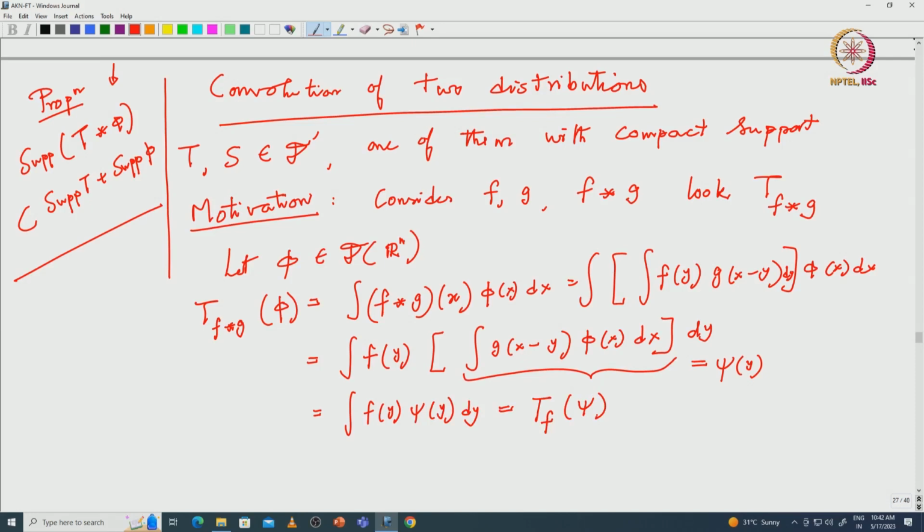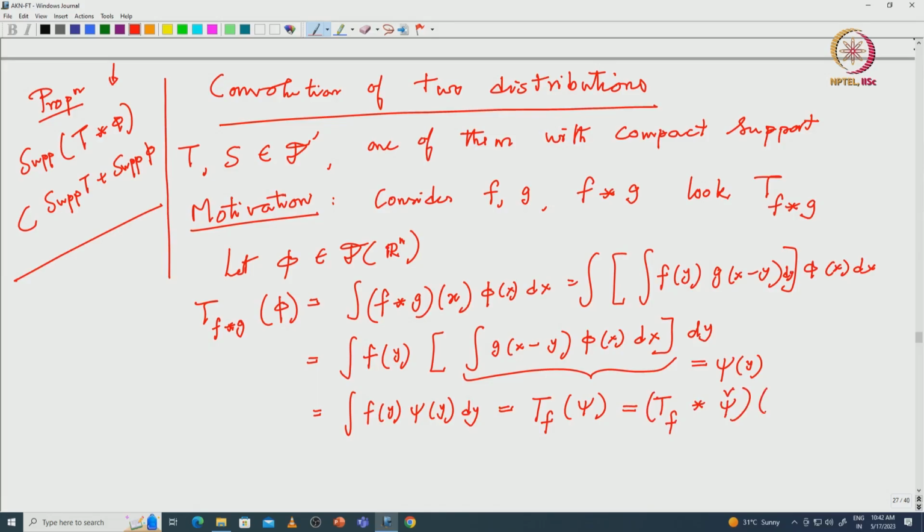Whether psi has compact support etc., I am not bothered now. It is a kind of writing as a distribution in terms of psi. So, we have to compute what is psi. This is by now a convolution product. This is nothing but Tf star psi tilde at 0.